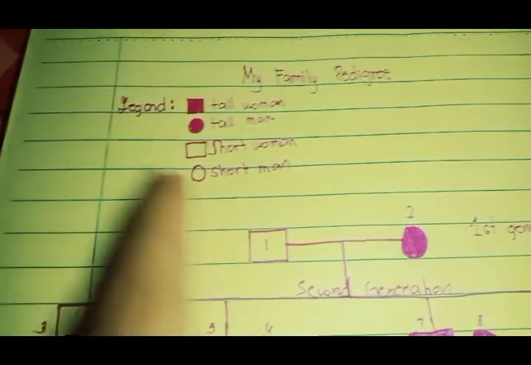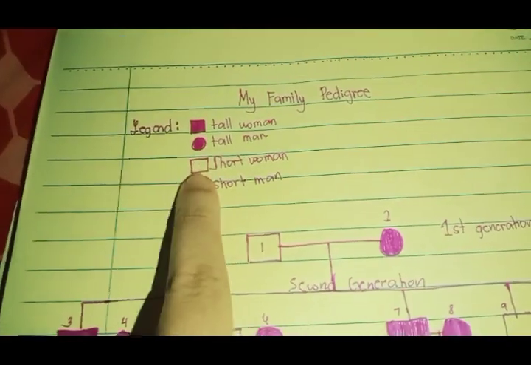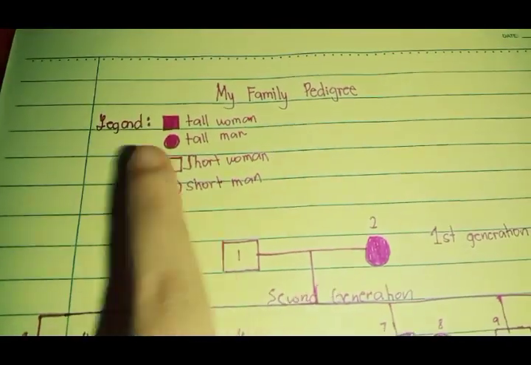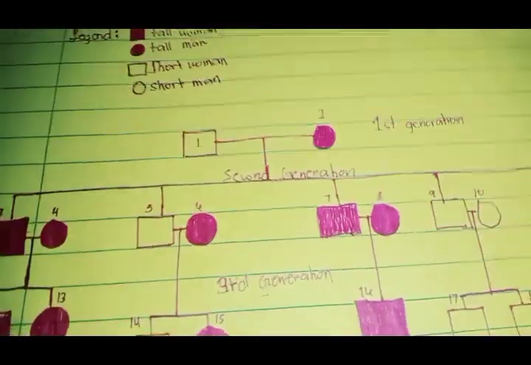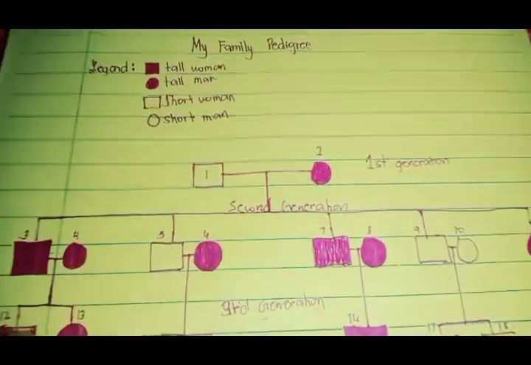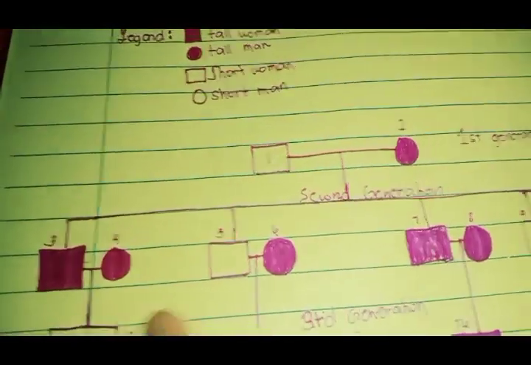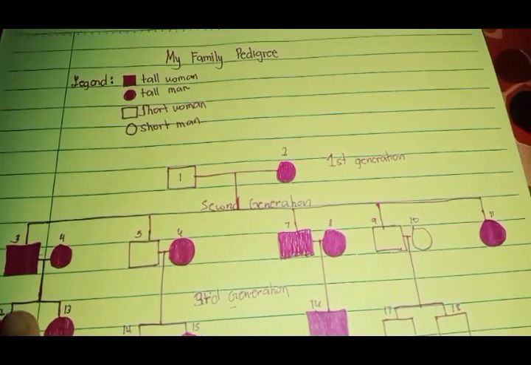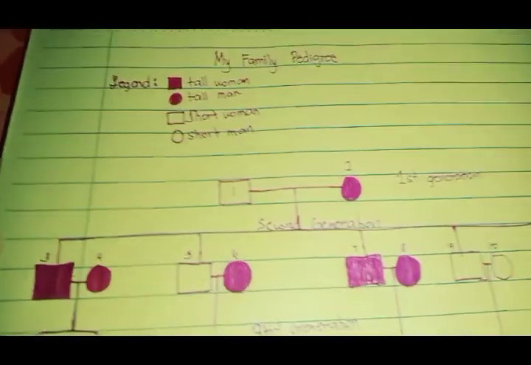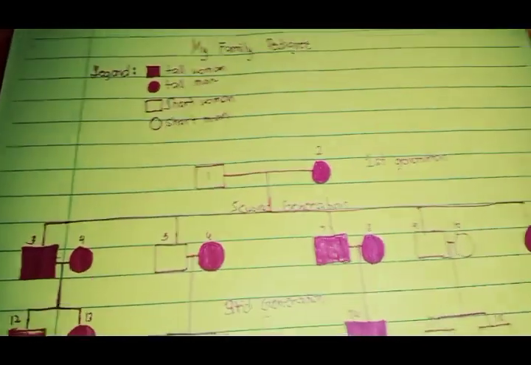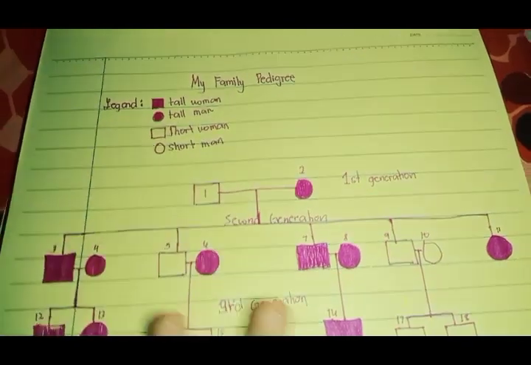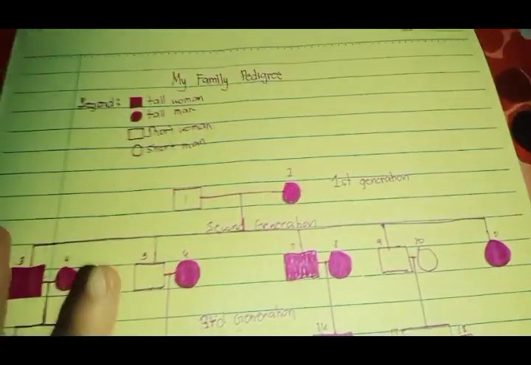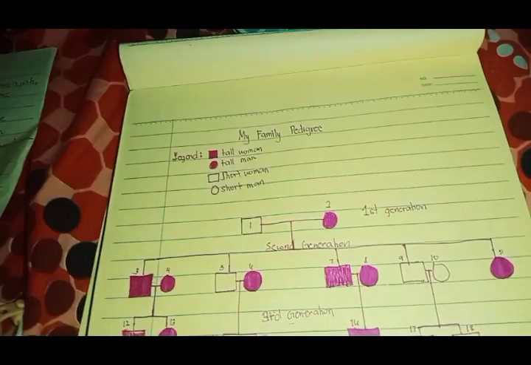And the empty square is for short women, which is my Nanay, which is probably correct. So we will proceed now to the second generation. My Nanay and Lola have 5 children, I'm sorry, which is 4 sons and 1 daughter.